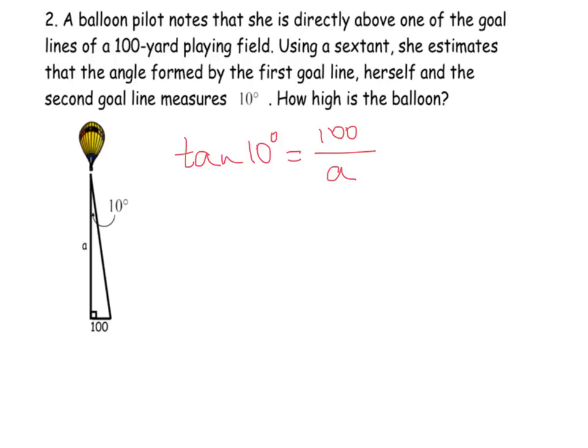And if I multiply both sides by A, I am going to get A times the tangent of 10 degrees equals 100.